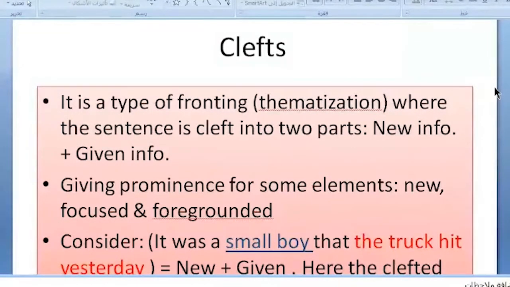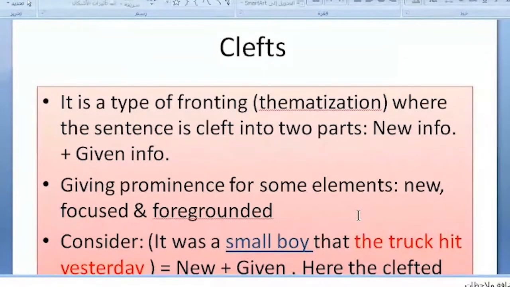Sometimes when I am going to deal with a given structure, I put into consideration that certain positions are important. It is not haphazard. Where does the new information go or where does given information go? This is what we will see in our lecture for today. So again, new information and given information.